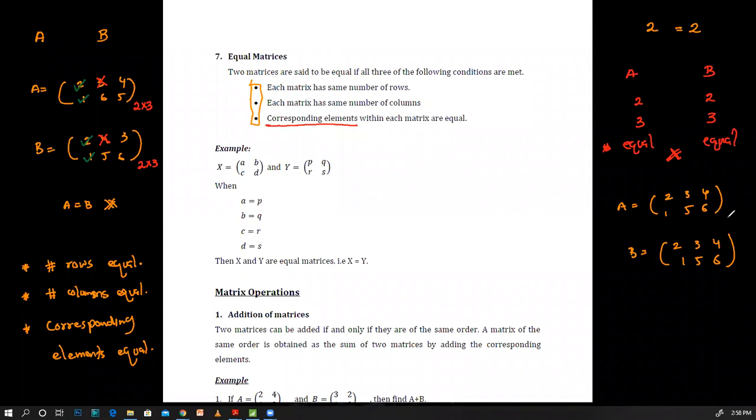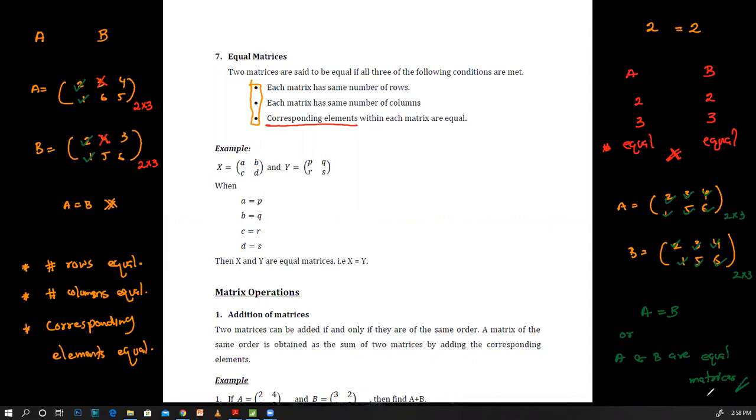It is because we can see that the number of rows and columns are equal, 2 by 3, and all the corresponding elements are also the same, 5 with 5, 6 with 6. Therefore, we can say that A equals B, or A and B are equal matrices.